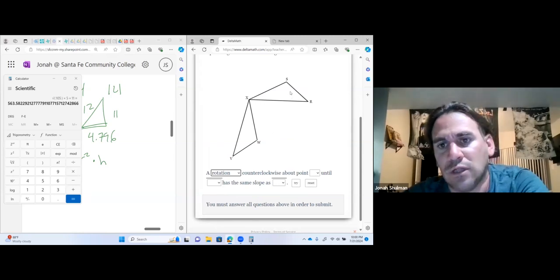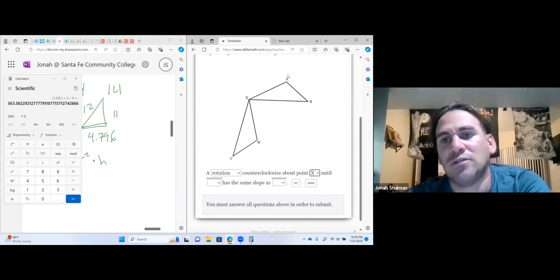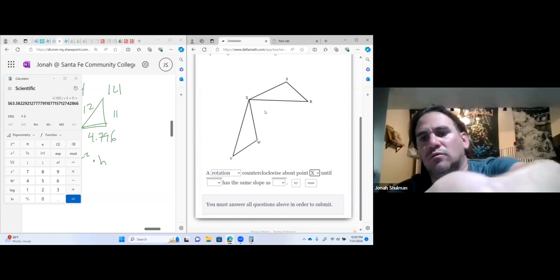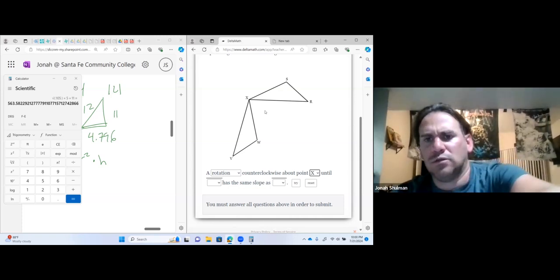Oh, because we're going counterclockwise always. So around point X. Okay, so we have to say when they match. So around point X, we'll have the same slope, until I'm like literally touching the screen.